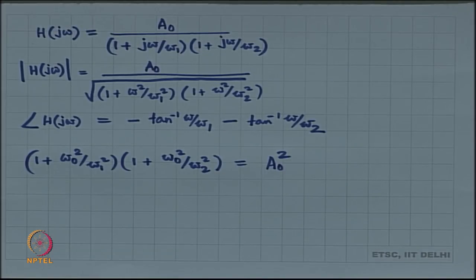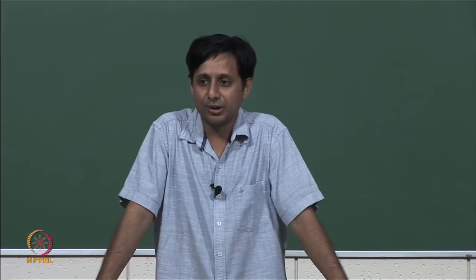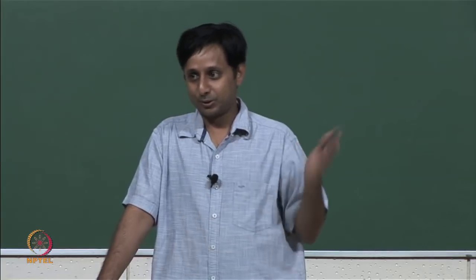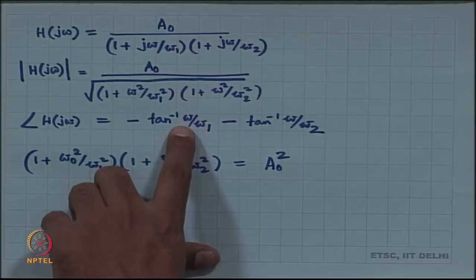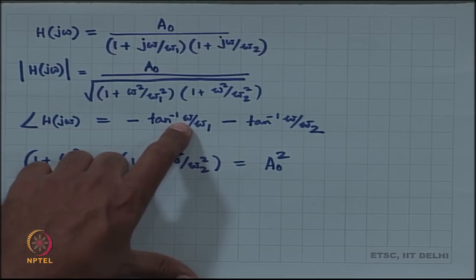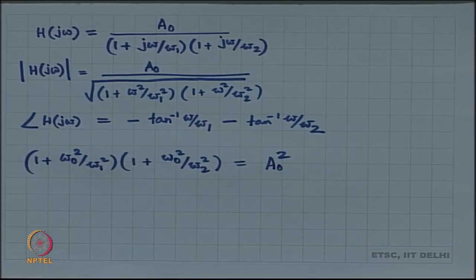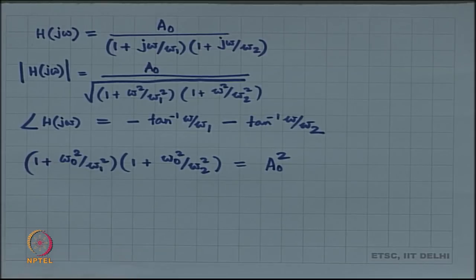This is a quadratic in omega naught squared, right, you will get omega naught power 4. You can multiply and then solve a quadratic, you can waste a lot of time, and then plug in that omega naught, the value you got from that quadratic, into this tan inverse. It is going to be quite horrible, right, let us not do that, alright, that is way too much.